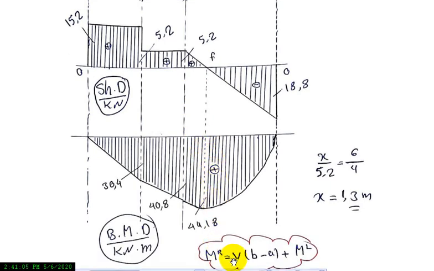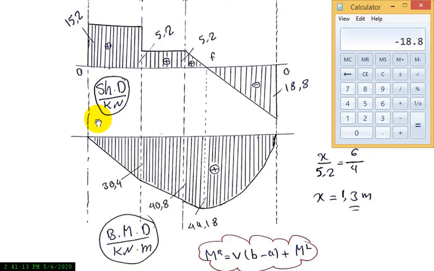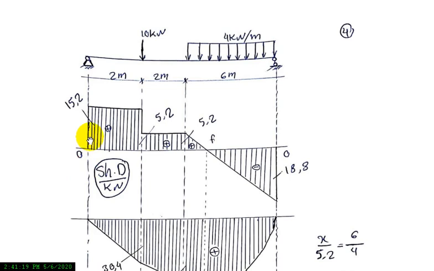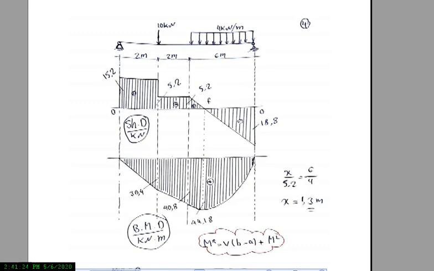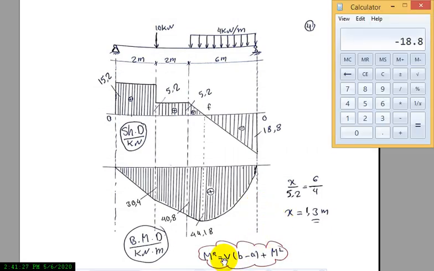Now we draw the moment diagram. From this formula we use the integration method. We start from the left, where there is no moment, it's 0, and then we find the area of this rectangle: 15.2 multiplied by its length 2 equals 30.4.